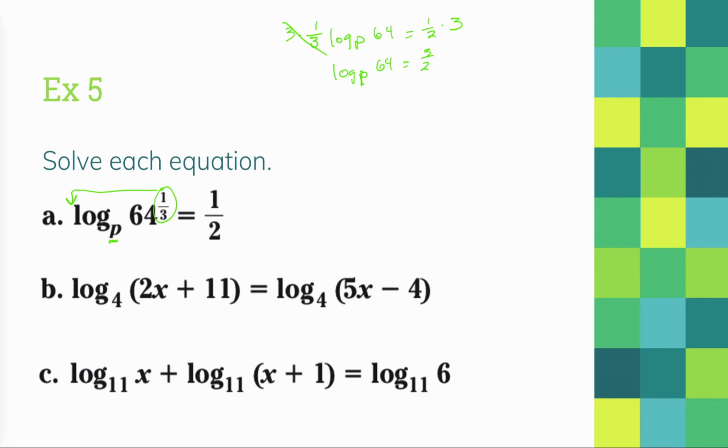We're going to get p to the 3/2 power equals 64. To solve for p, we raise that to the 2/3 power. The 3's cancel out and the 2's cancel out. And 64 to the 2/3, the cube root of 64 is 4, squared is 16.